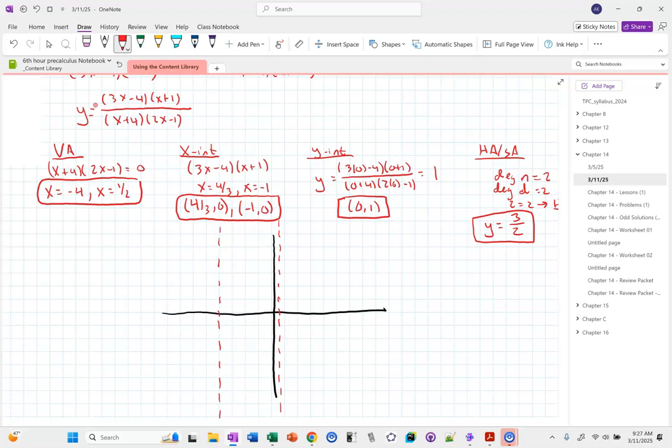Okay. 4/3, comma 0, and then -1, comma 0, and then 0, 1, and then y equals 3/2. Is everybody okay with how I plotted that stuff in there?